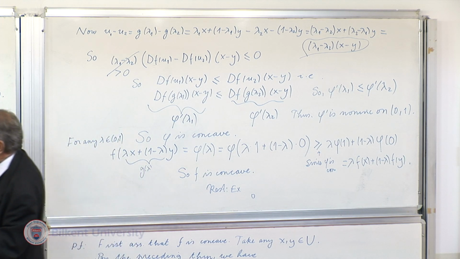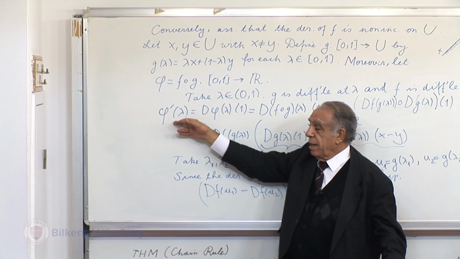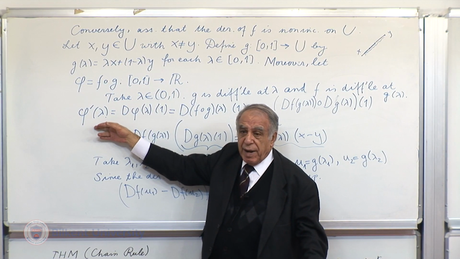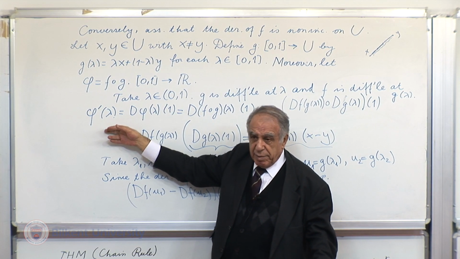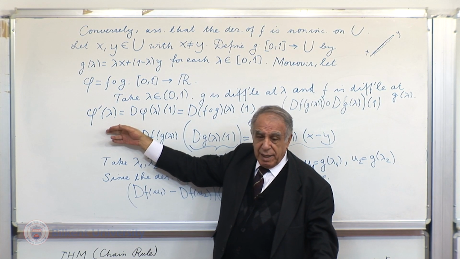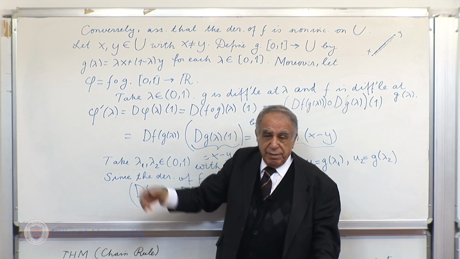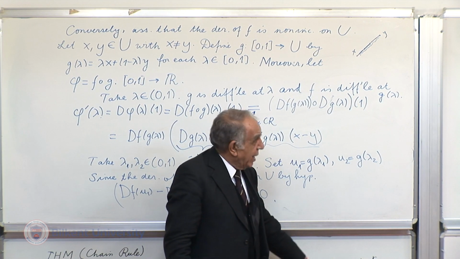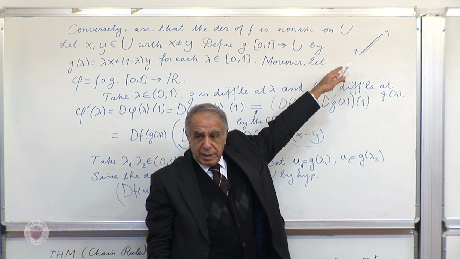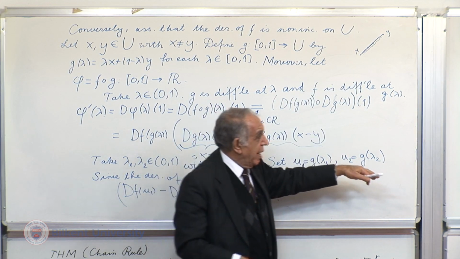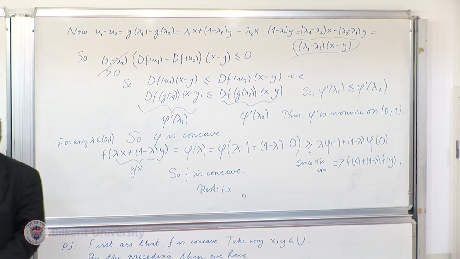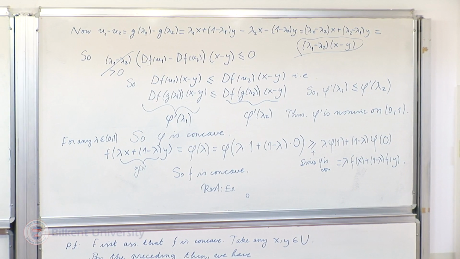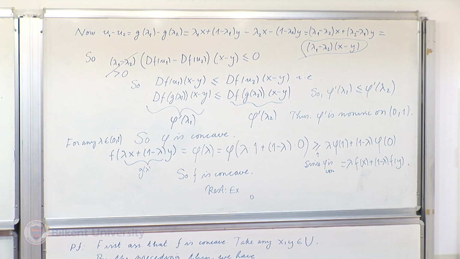In getting that this one-dimensional function, a real-valued function of a real variable, has a non-increasing derivative, we use that the derivative of f itself was non-increasing. Now we have shown that phi is concave and then translated that back to the concavity of f.